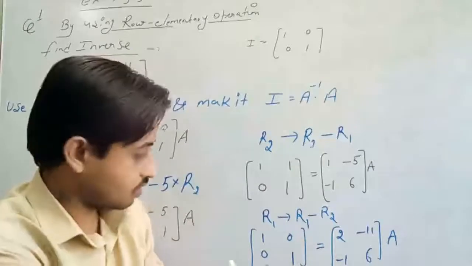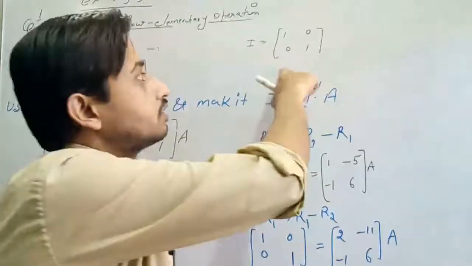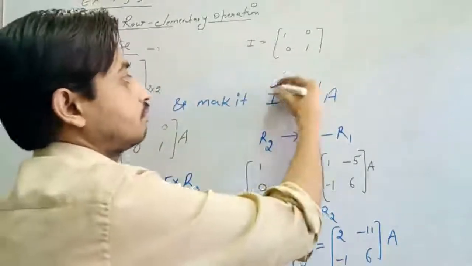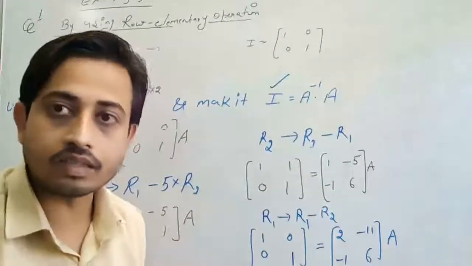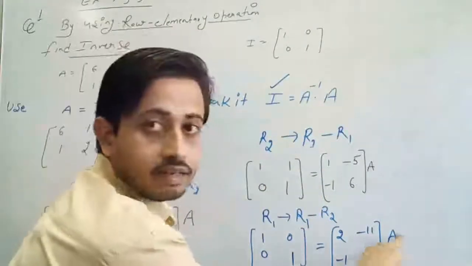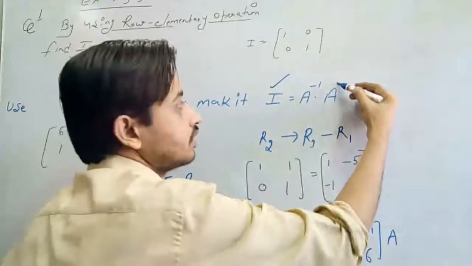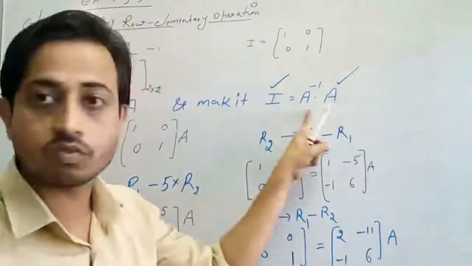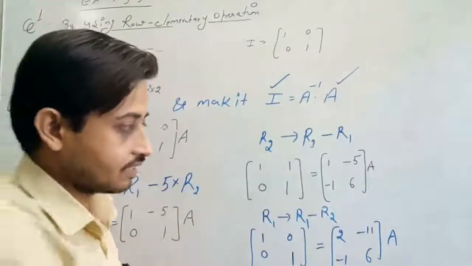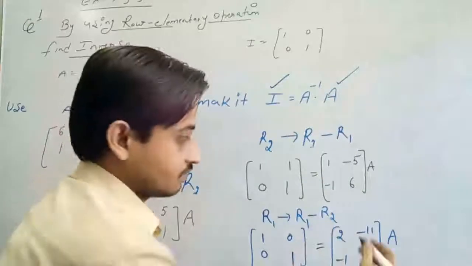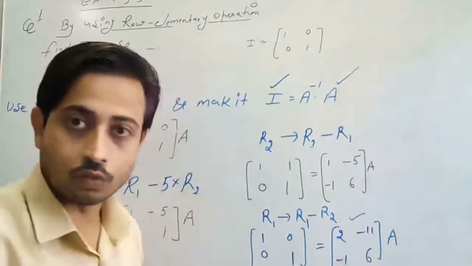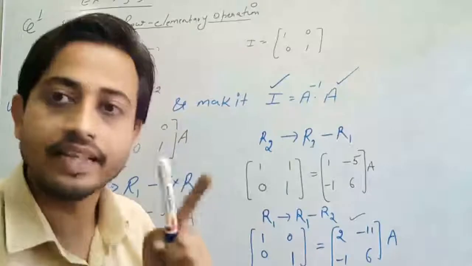Now we get 1 0 0 1, which is our identity matrix. And here A is what? This is A. Now this matrix is our A inverse.